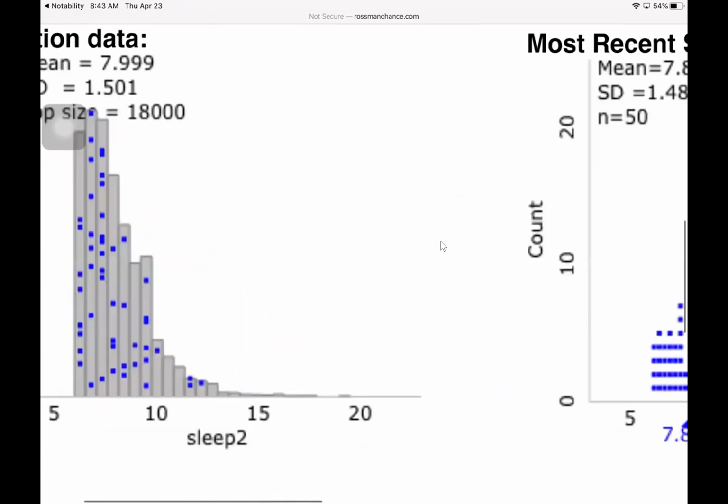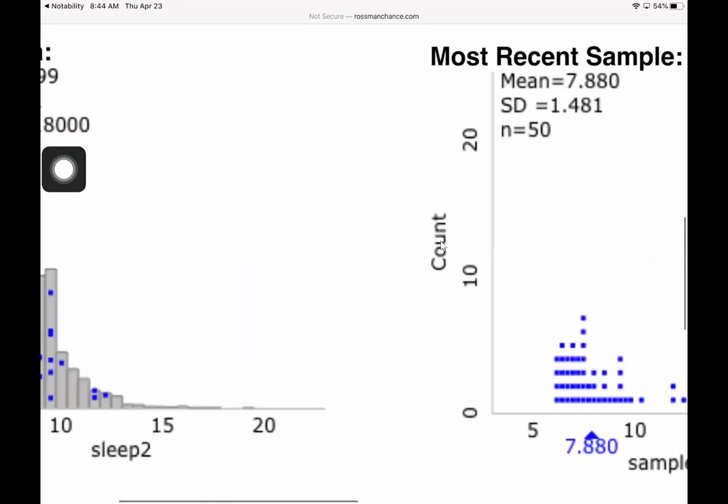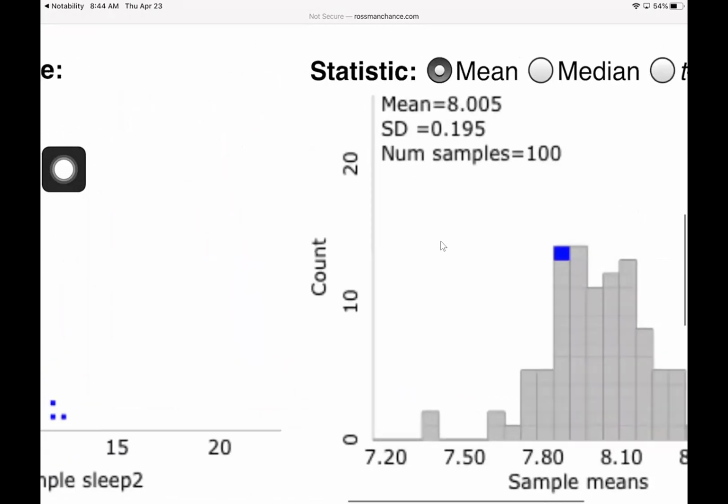So let's see what standard deviation we get in this one. If you look at the standard deviation on top, where it says SD, it's 1.501. But let's look at the new one. The SD is 0.195.